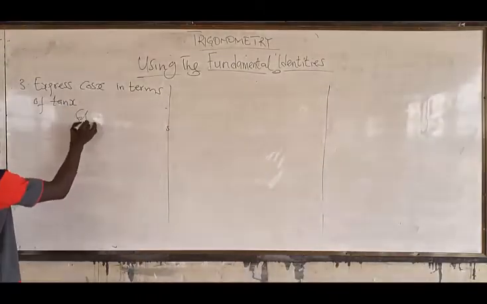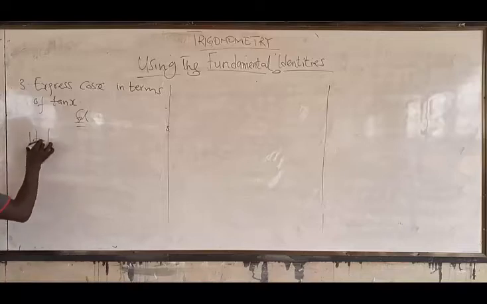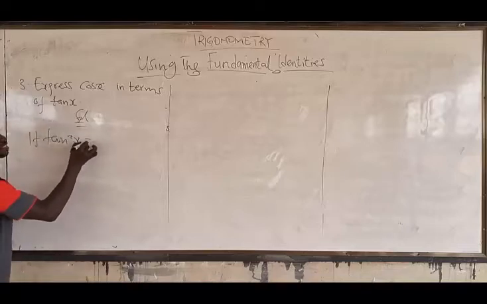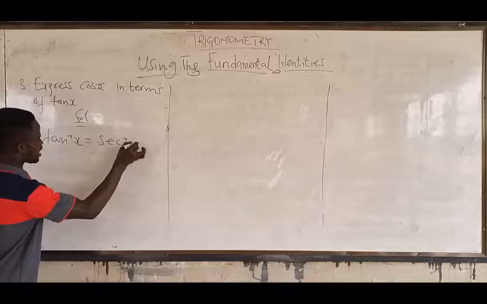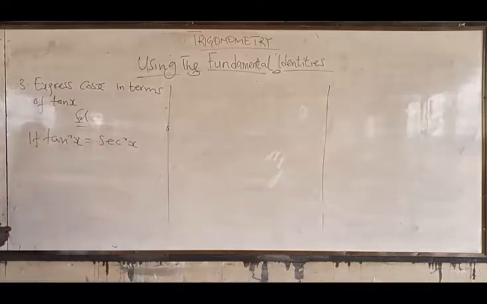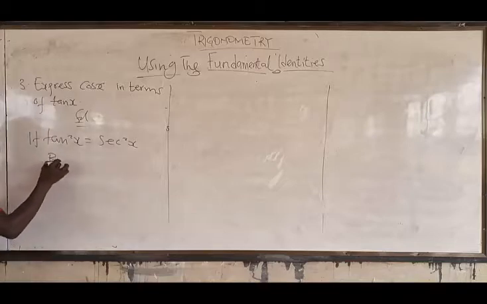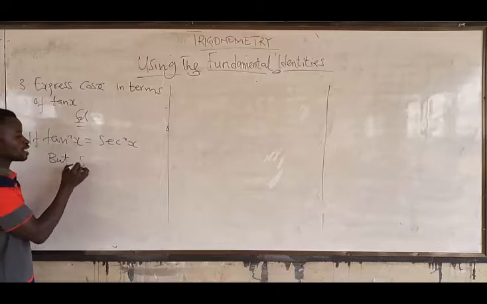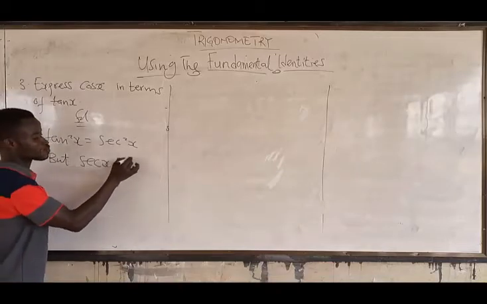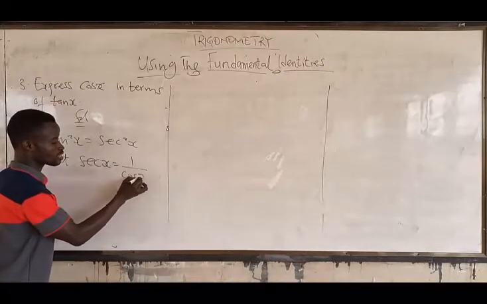So we can say that 1 plus tan square x is equal to sec square x. But we know that sec x is 1 over cos x.